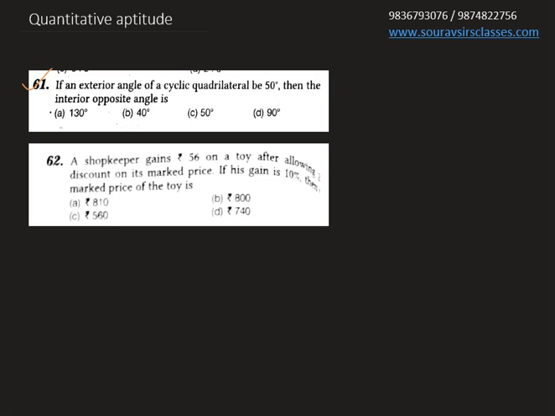If an exterior angle of a cyclic quadrilateral be 50 degree, then we need to find the interior opposite angle. So for a cyclic quadrilateral, we need to draw a circle, and inside the circle we have a quadrilateral.